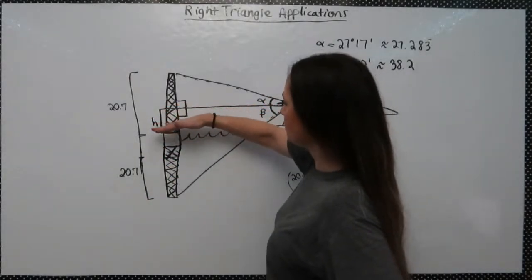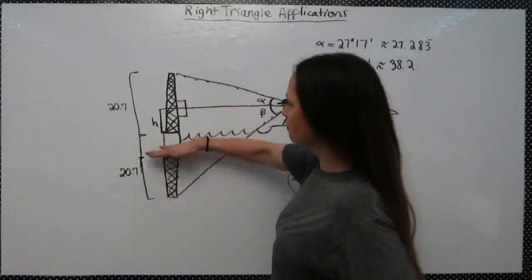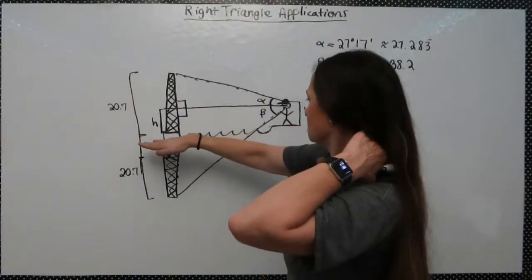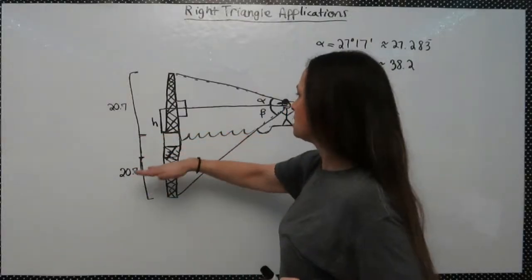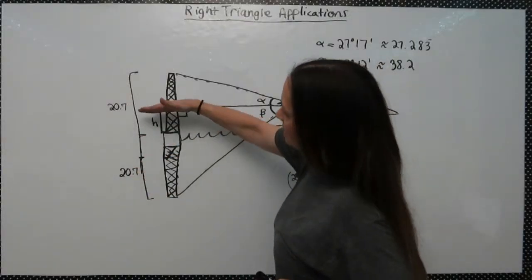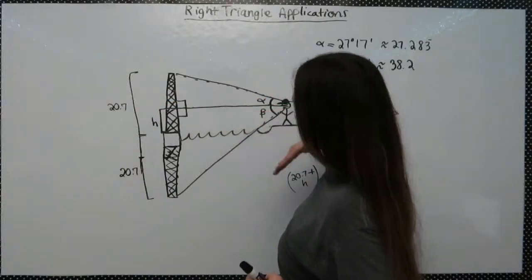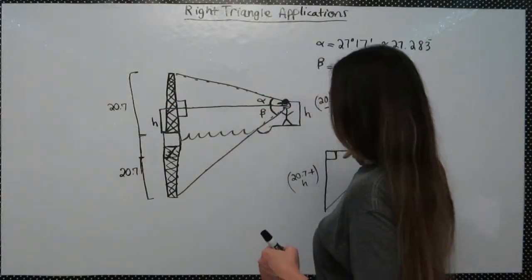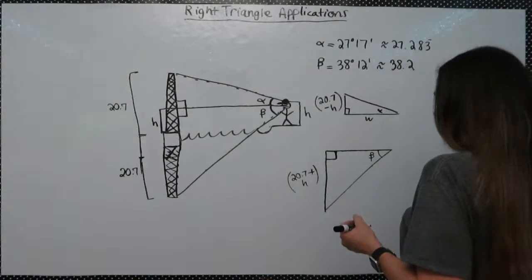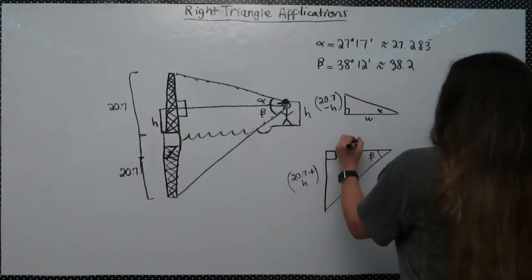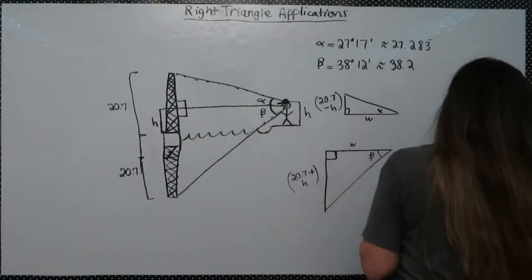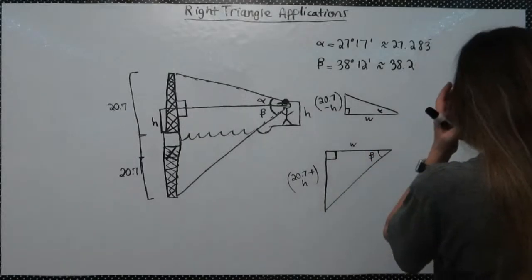Since we have this reflection in here, that's 20.7, we have to add in this portion of that triangle from the line of sight. So it's that technical detail. And then this would be W. All right, so I have my triangles.